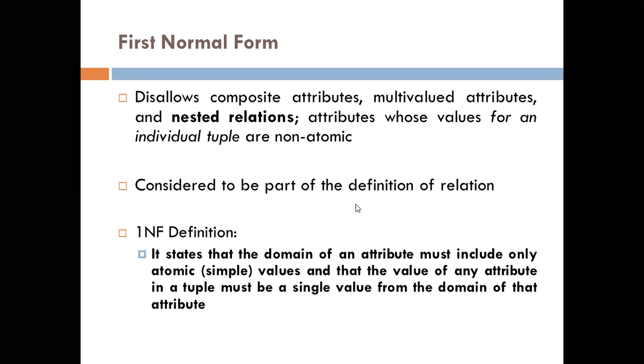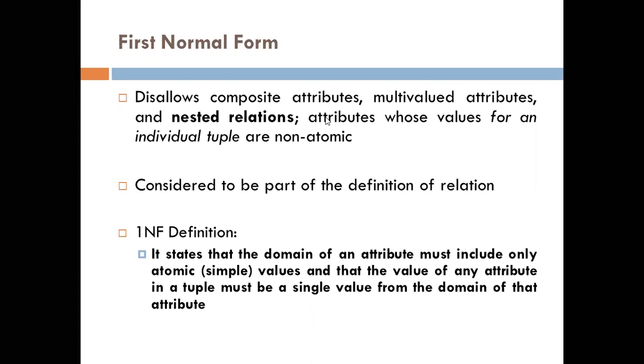The first normal form is considered to be a part of the formal definition of a relation. It is defined to disallow multi-valued attributes and composite attributes or their combination. Which means whenever we decide any attribute, that attribute has to be atomic.